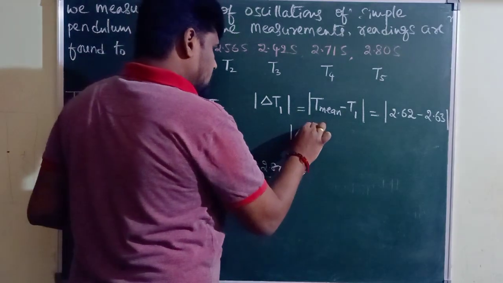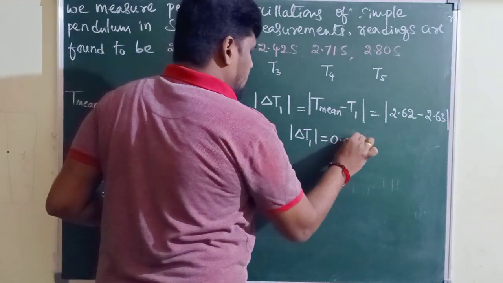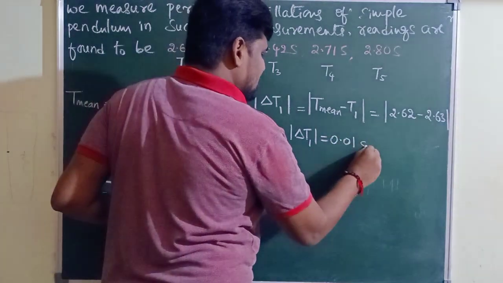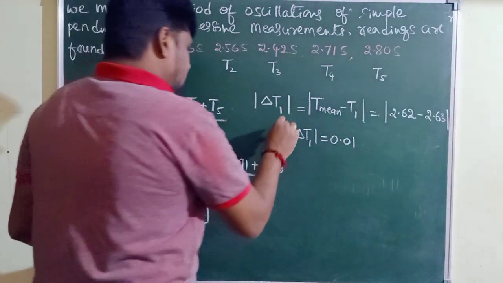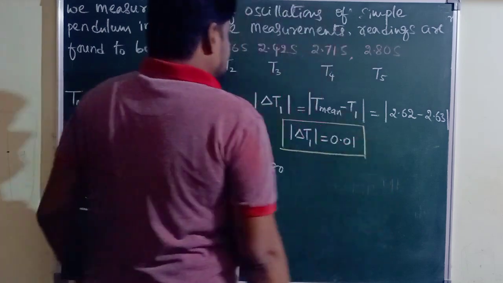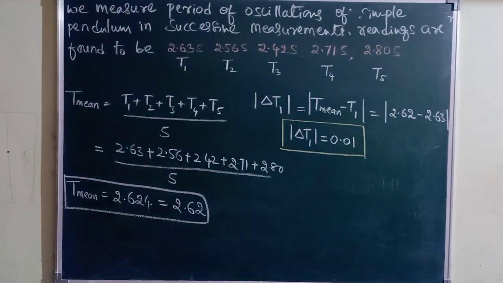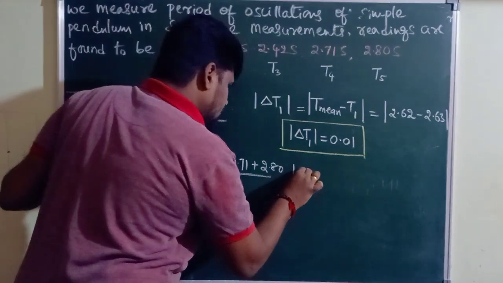Delta T1 is 0.01 seconds. Afterwards you can write the unit, no problem. This is delta T1. Similarly, calculate delta T2.